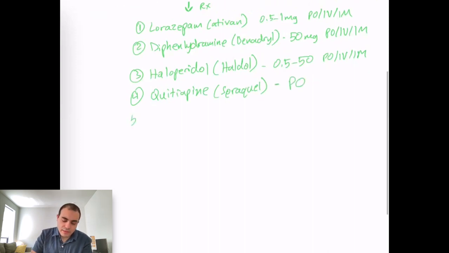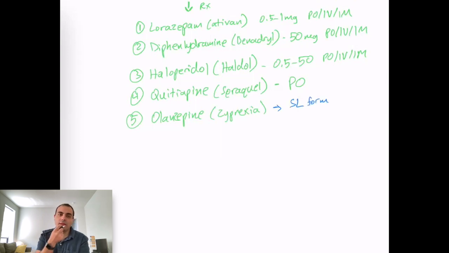And then finally, there is olanzapine, and quetiapine and olanzapine are atypical antipsychotics. Olanzapine, the name for it is Zyprexa. And what's nice about olanzapine is there's a sublingual form, and you can give it under the tongue essentially, and it works pretty quickly.